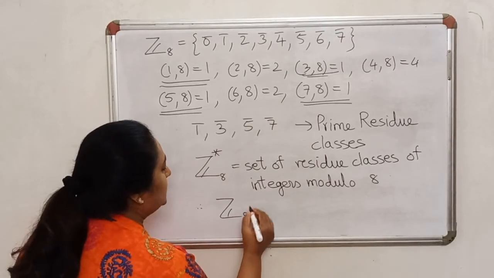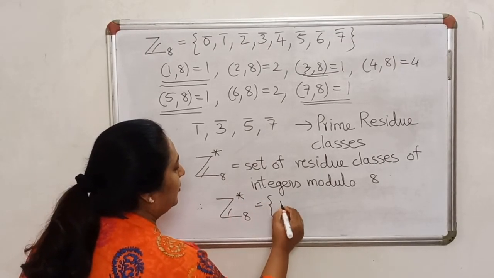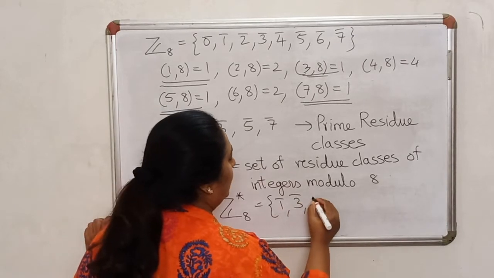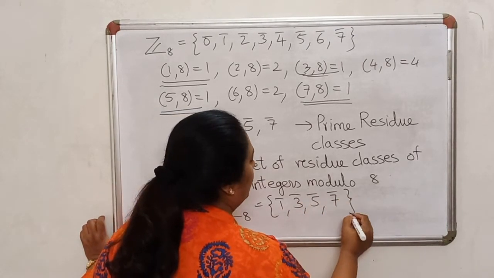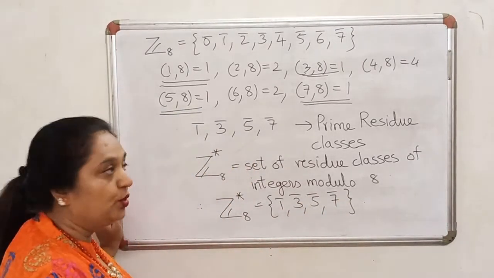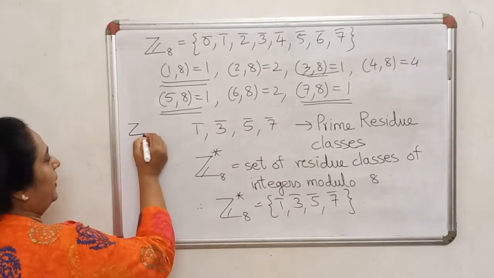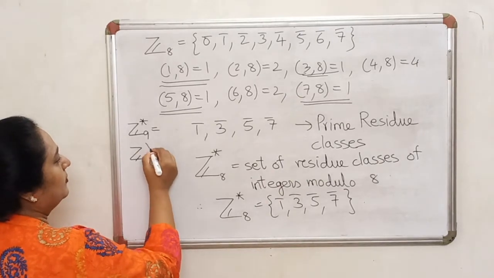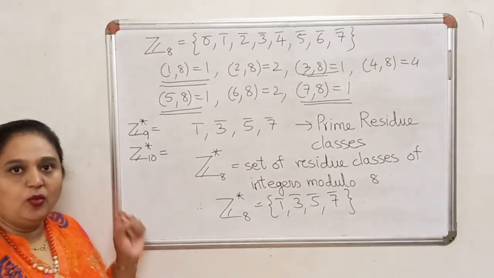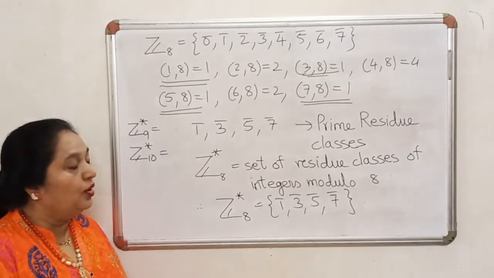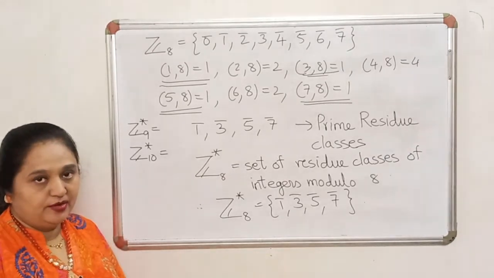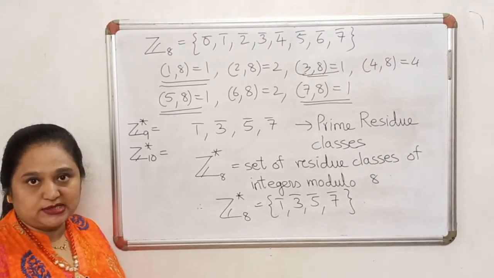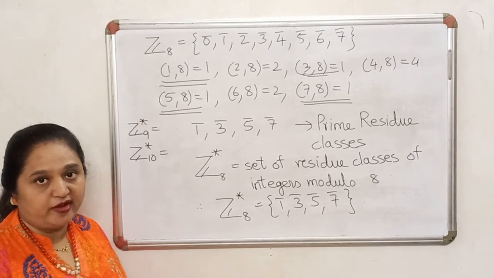So if I were to list the elements in this set, it will be 1 bar, 3 bar, 5 bar, 7 bar. What I want you all to do as an exercise is to find out what is Z9 star and what is Z10 star. So pause the video, because if you keep it to a later stage, it will remain as an exercise forever.